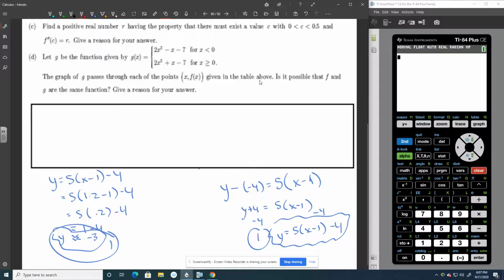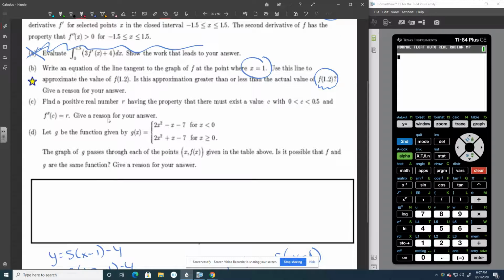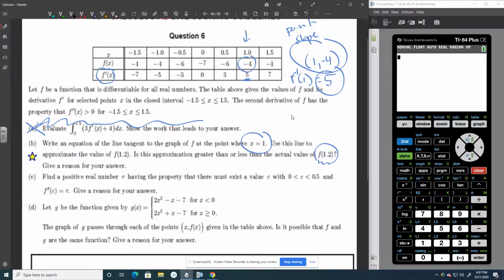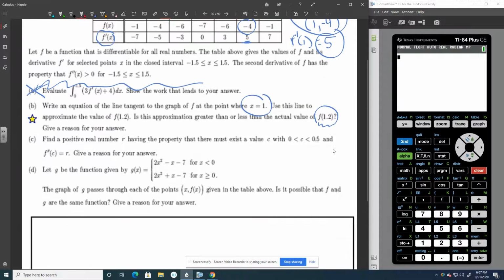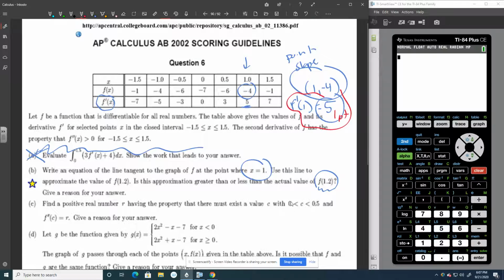So again, maybe we should use a different color. This is going to be 1 point right here. This is going to be 1 point right here. And I'm guessing, let's see, 9 points. It might give you a point for finding this slope right here as well. That would probably be your other point, that at f prime of 1, the slope is 5.